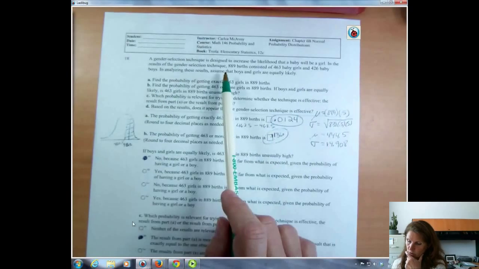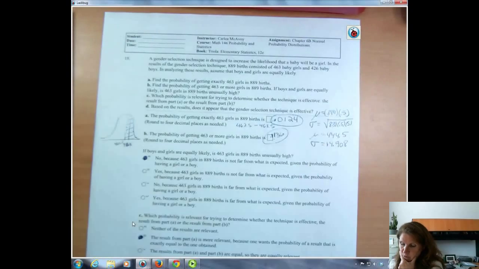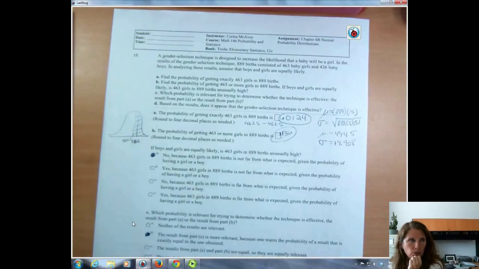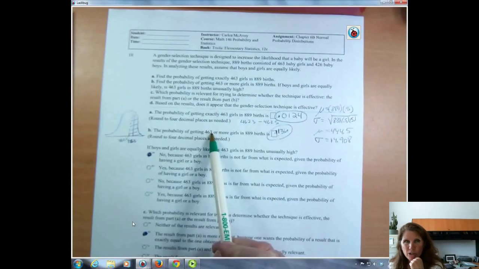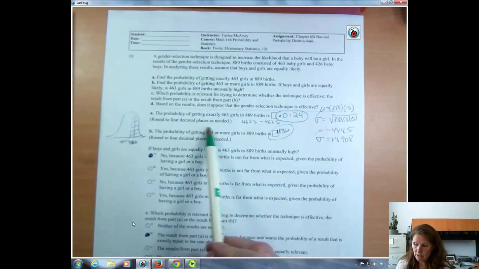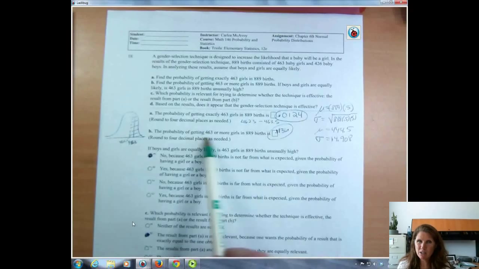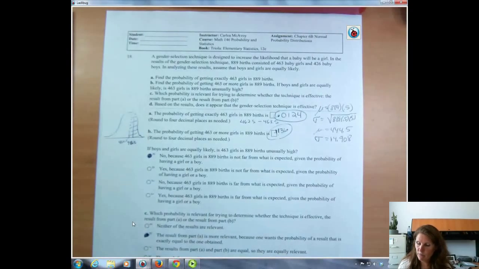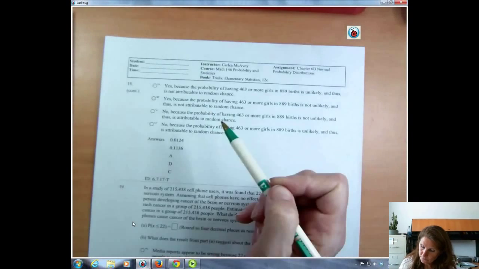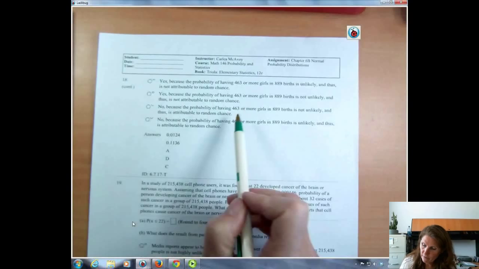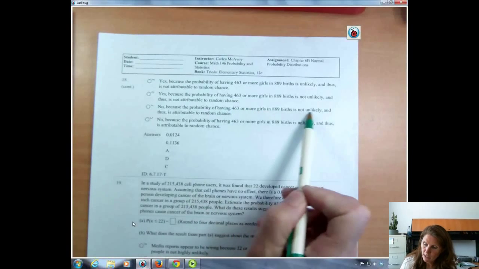The technique is to increase the likelihood that a baby will be a girl. Oh, no, we just showed that it was about the same as normal, right? So they're trying to say that they're increasing the likelihood, and we just showed that this result right here could just happen by chance. So because this can just happen by chance, that means that we really can't say that their method did anything for us. So we would have to say that no, the probability of having 463 or more girls is not really unlikely.